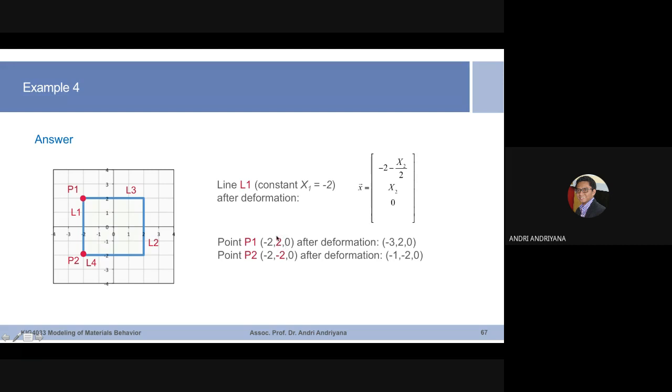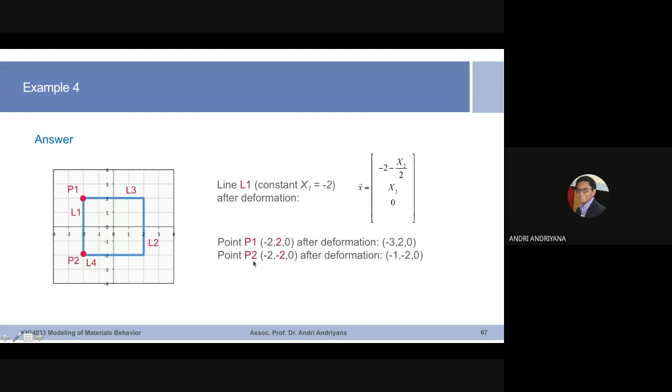If I insert this value of x2 into this vector, which means I get the information where the point will be after deformation, it becomes -3, 2, 0. You just simply insert x2 equal to 2 here.